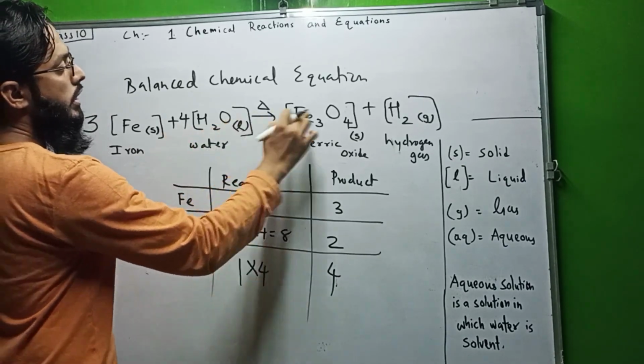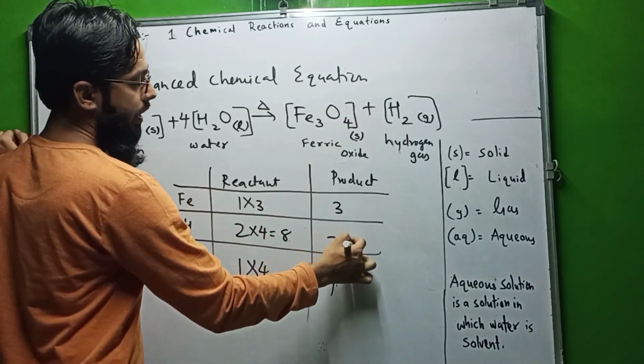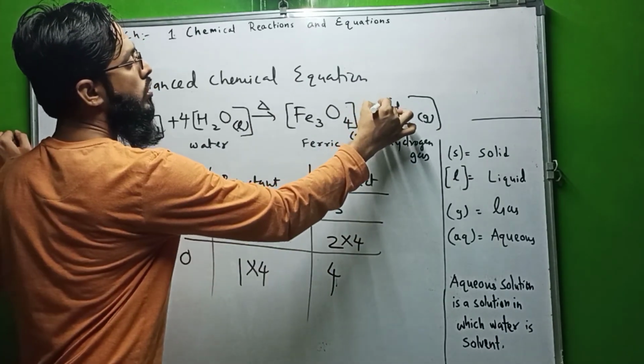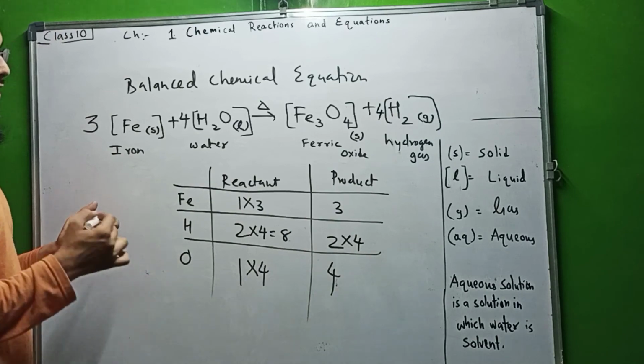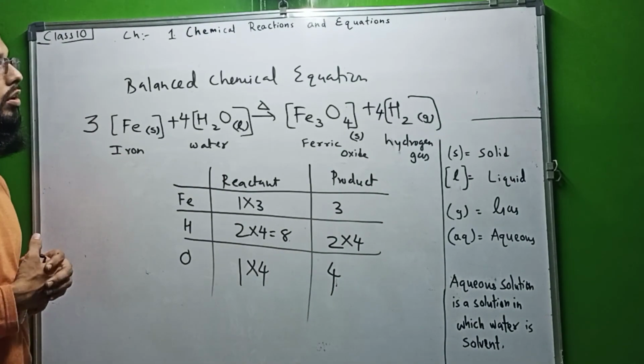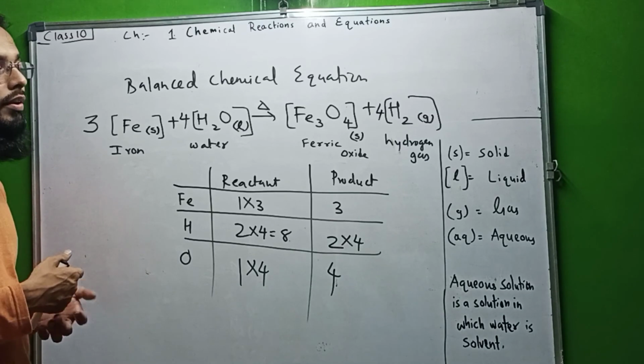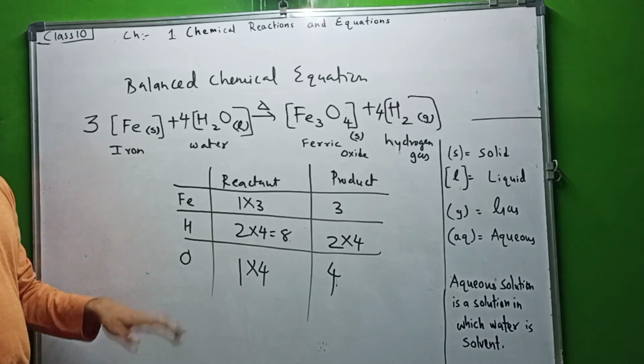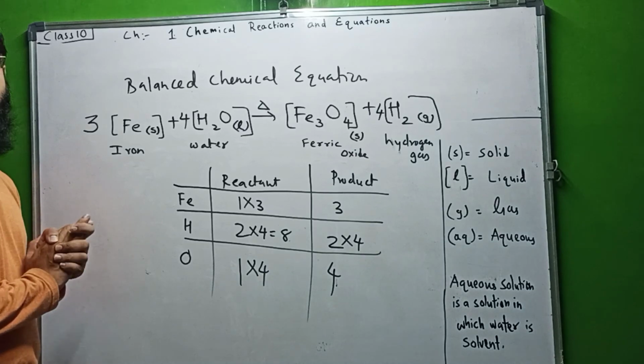So I have to change the hydrogen again, and to make it 8, I will write 4. In this way, we can balance a chemical equation. This was about the simple method. We'll talk about other examples. So this was about how to balance chemical equations. That's it.